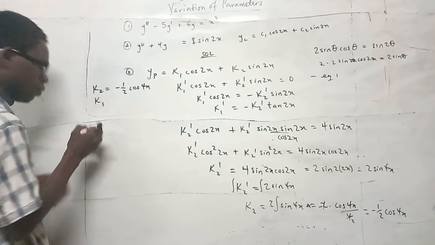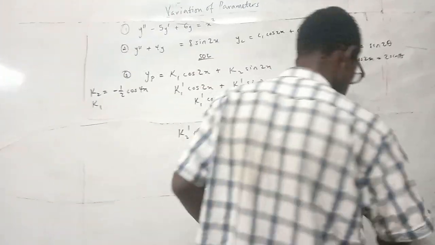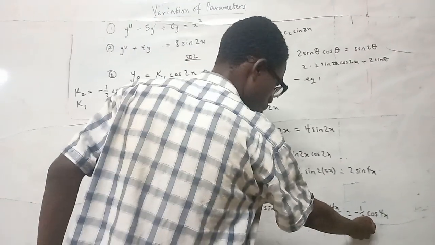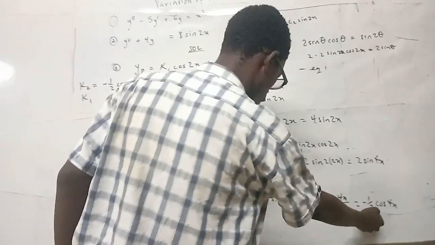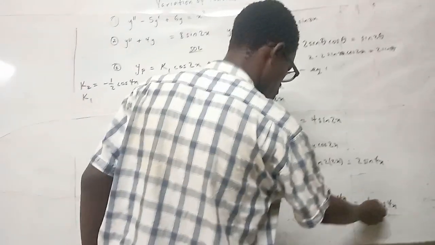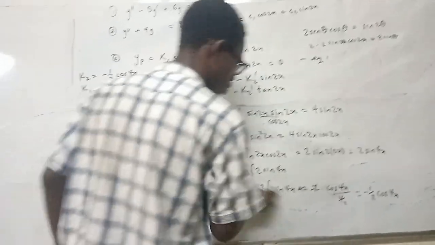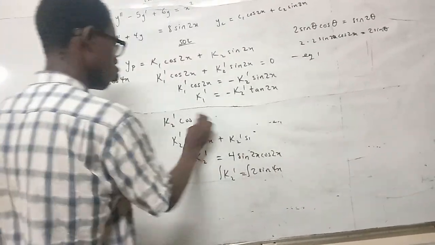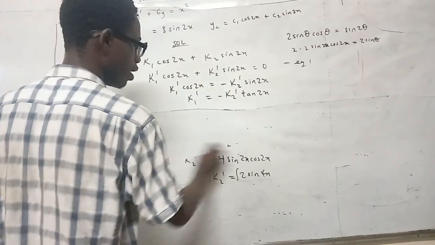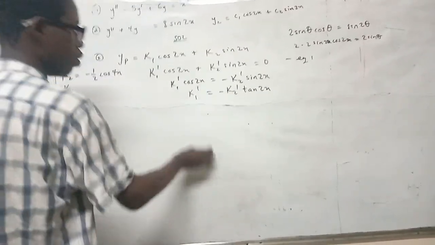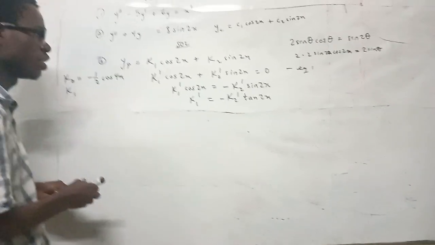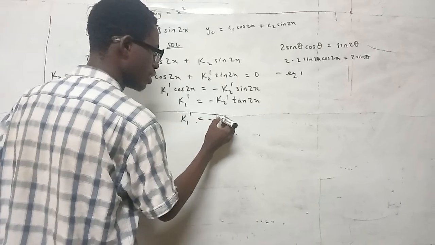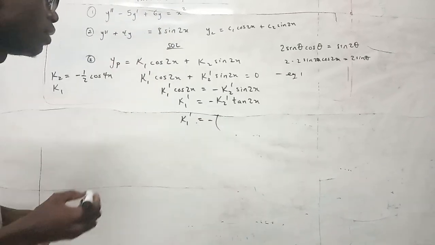Now we need k1. Let me see. We differentiate this. 4 is coming out. Over 2 is 2. Minus turns it to plus sine 4x here. That's correct. So we have gotten our k2. And this means our k1 prime equals minus k2 prime.